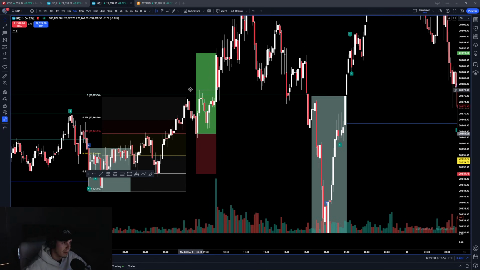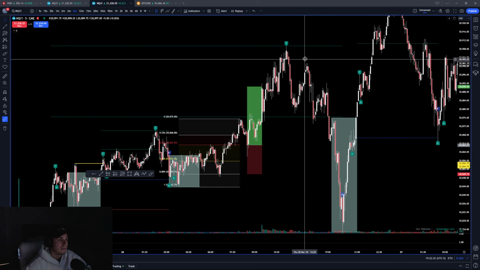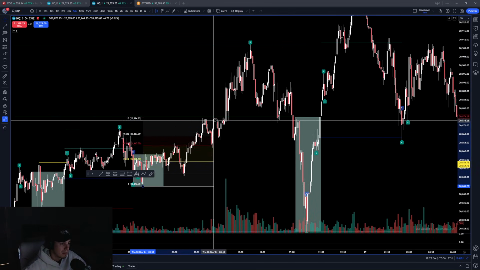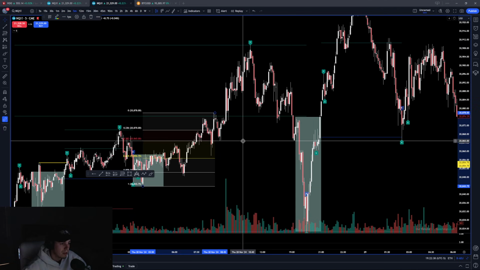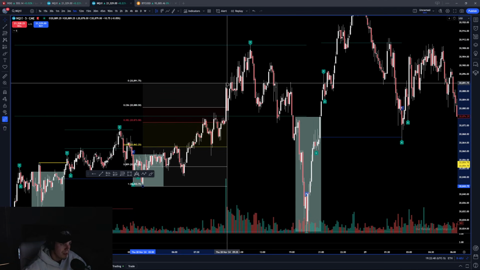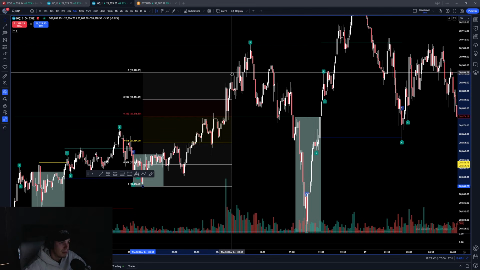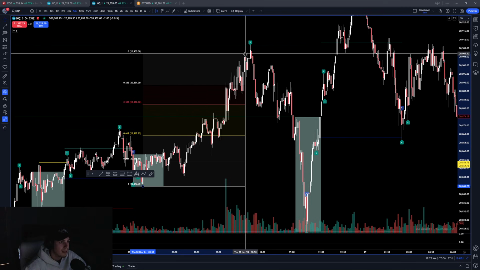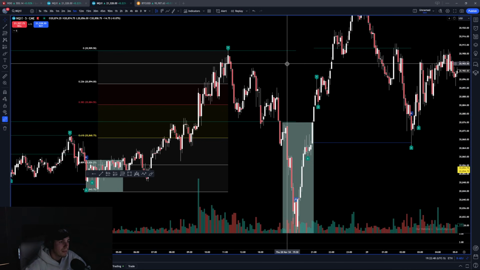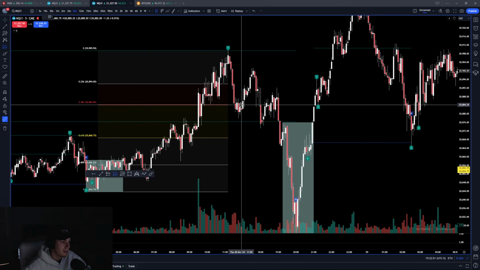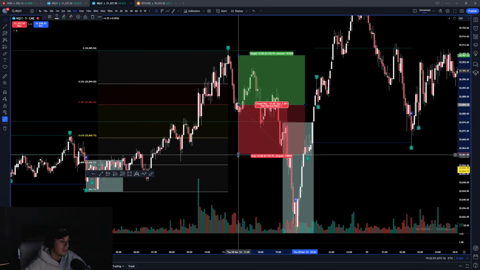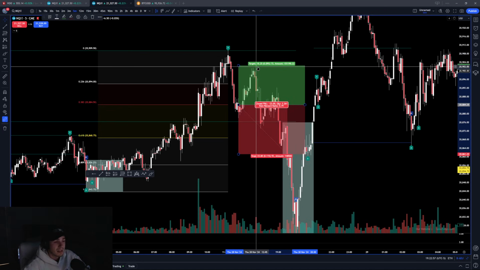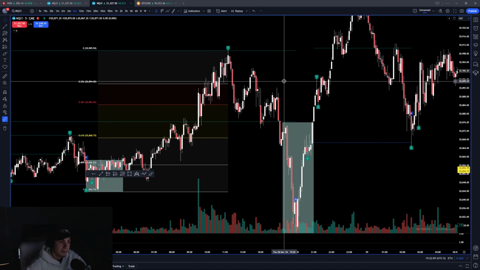If you missed this entry, you could drag it up to each consecutive high until you get an entry, which would have been all the way up here. You could have taken another entry here on the 382, but it wouldn't have hit the high. You would have hit 17 points of profit, which if you're looking to scalp, go ahead.